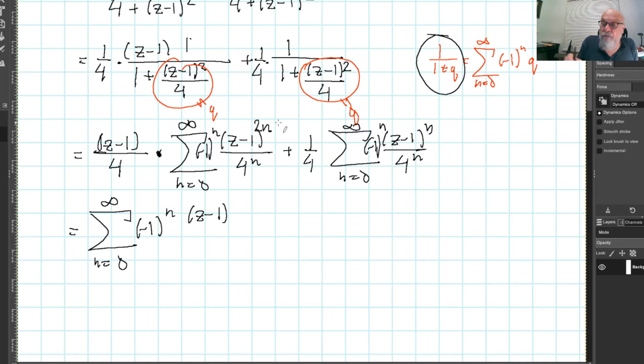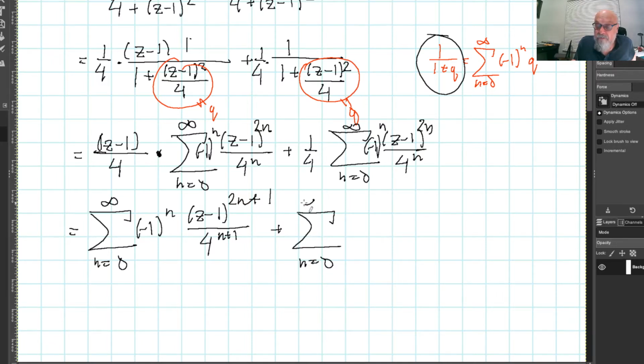It has to be 2, because we have here a square. So let me look again. Yes, this time it is correct, so we have to be careful, we have to concentrate. The software is not working very well today, so it makes me a little nervous. So plus 1, this is that form, and the second one is again n equals 0 to infinity, minus 1 to the n.